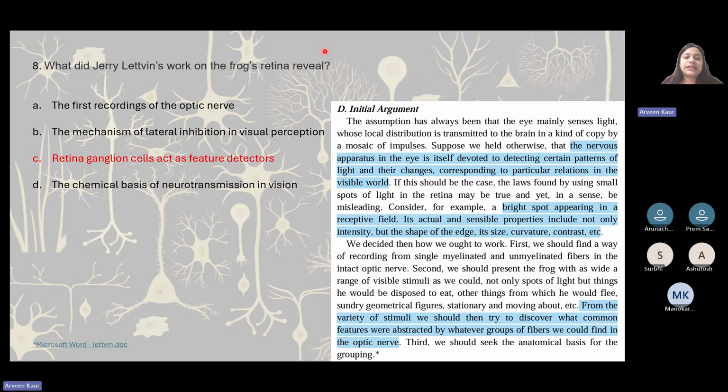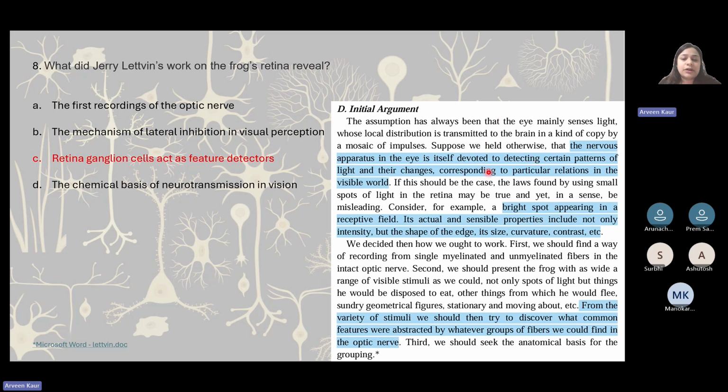Right? So the initial argument that Jerry Lettvin had given in his paper is that the assumption has always been that the eye mainly senses light, whose local distribution is transmitted to the brain in a kind of copy by a mosaic of impulses.